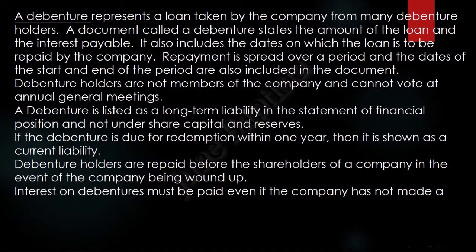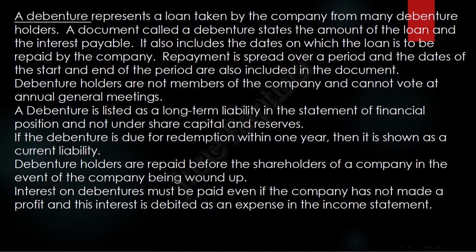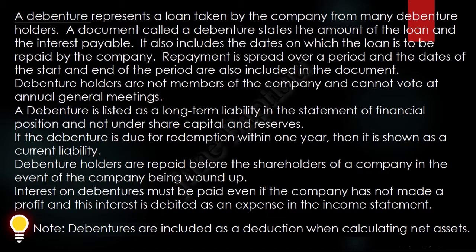Interest on debentures must be paid even if the company has not made a profit, and this interest is debited as an expense in the income statement. Note, debentures are included as a deduction when calculating net assets.